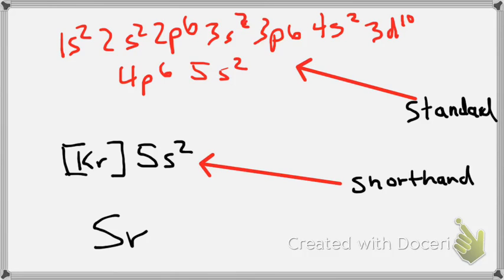Then it goes through scandium, which is 3d10. And then we're at gallium, so we start at 4p6, which takes us to krypton. And then finally 5s2 takes us to strontium. If you want to do shorthand, we just go back to the last noble gas, which is krypton, put it in brackets, and then write 5s2.